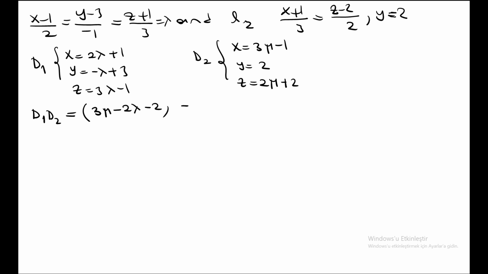The second component will be lambda minus 1, and the third component is 2 times mu minus 3 times lambda plus 3.